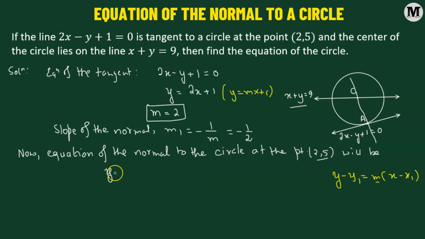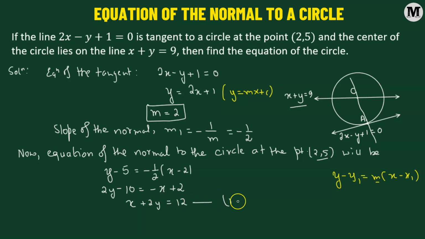That means the equation of the normal will be y minus 5 equals negative half times (x minus 2). Let's multiply throughout by 2. So we get 2y minus 10 equals negative x plus 2. Rearranging, we get x plus 2y equals 12. This is the equation of the normal line.